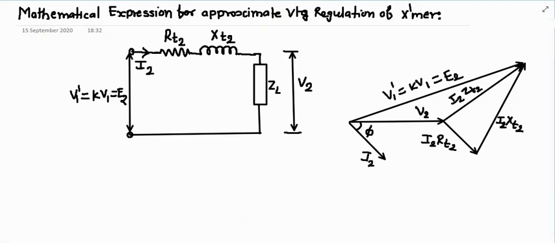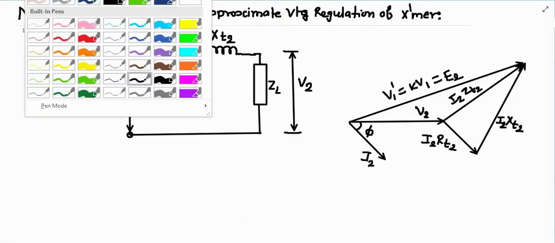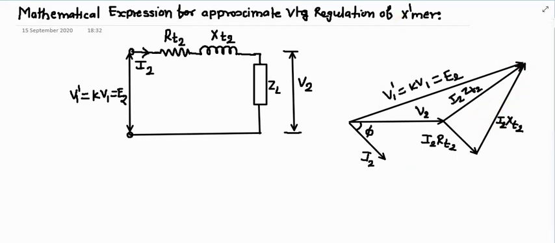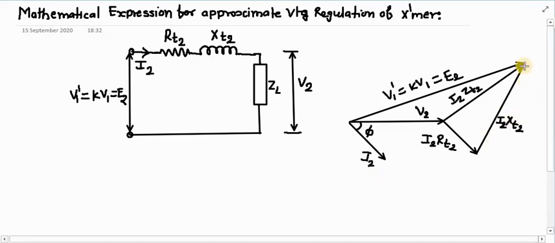Now students, what I will do, I will draw one parallel line. I2 XT2 is the phasor which is drawn perpendicular to I2, right? So now I will draw one line which is perpendicular to V2. So this is my V2 vector. I have drawn one line perpendicular to V2. This is the line perpendicular to I2.